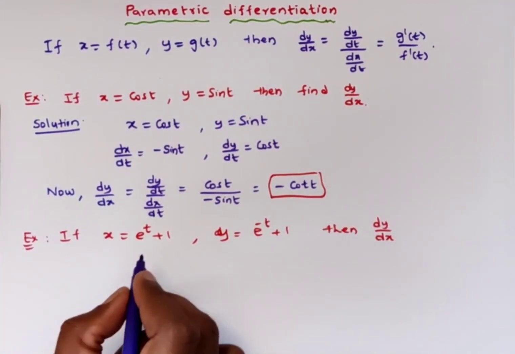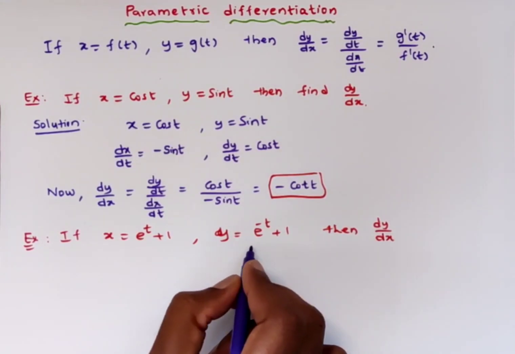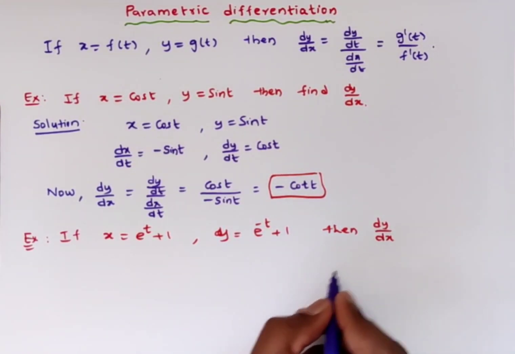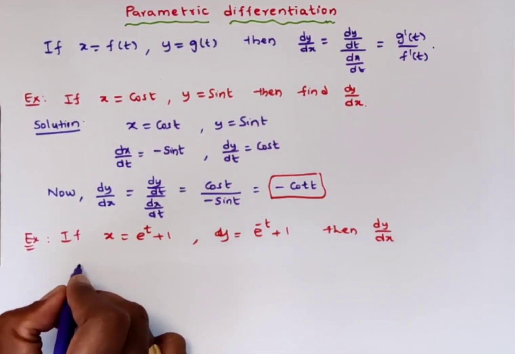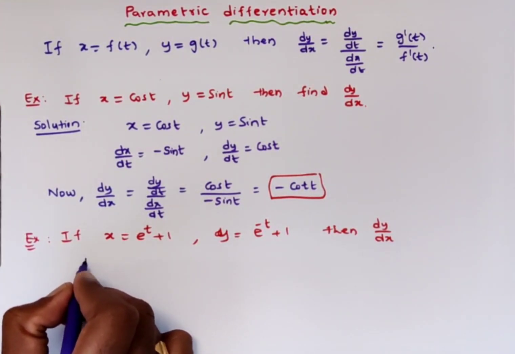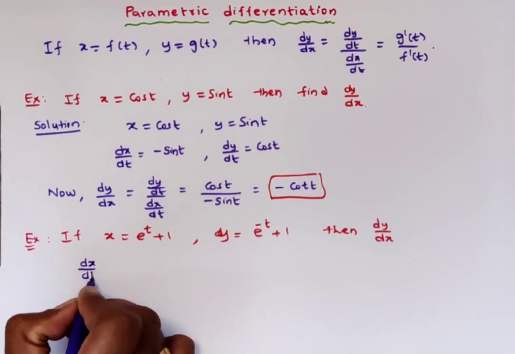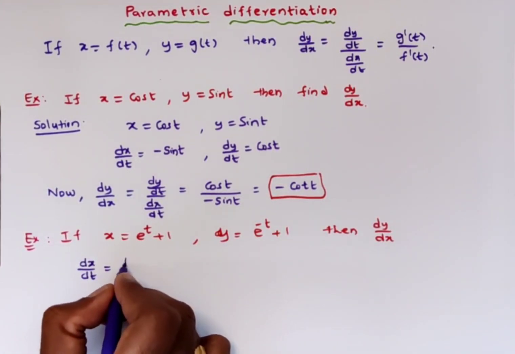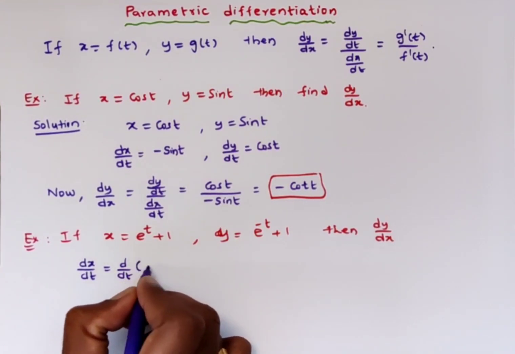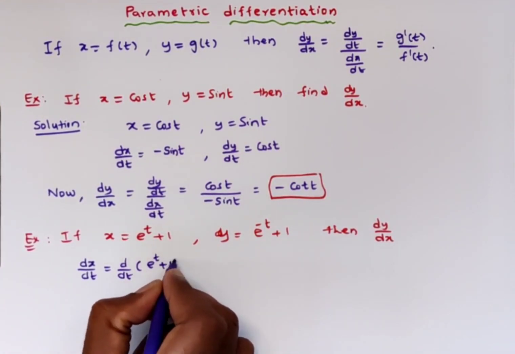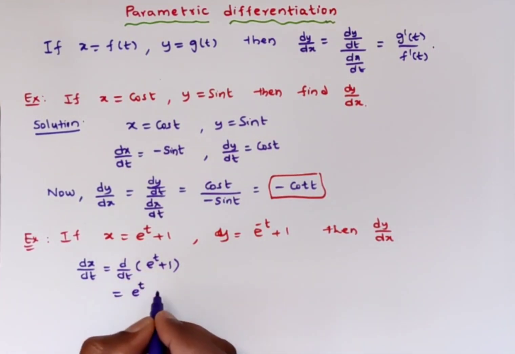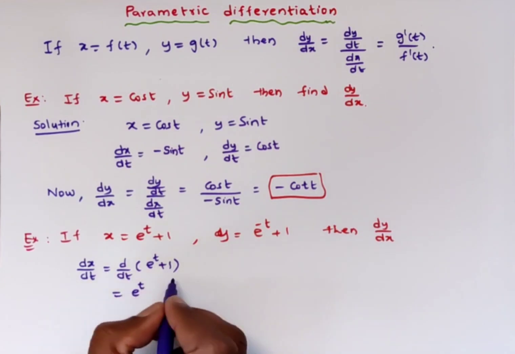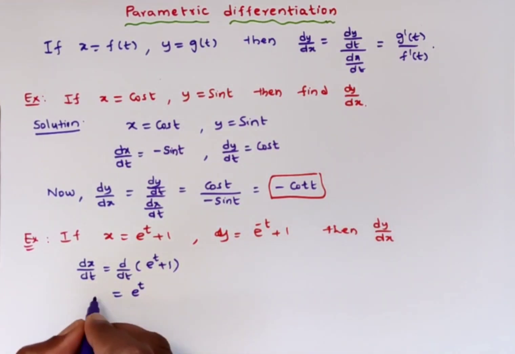Let us take one more example. If x is e power t plus 1 and y is e power minus t plus 1, then find dy by dx. Differentiating x with respect to t, dx by dt equals d by dt of e to the power of t plus 1. The derivative of e power t is e power t, and the derivative of 1 is a constant, therefore 0. So dx by dt is e power t.